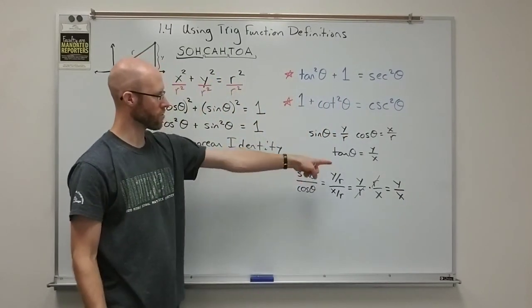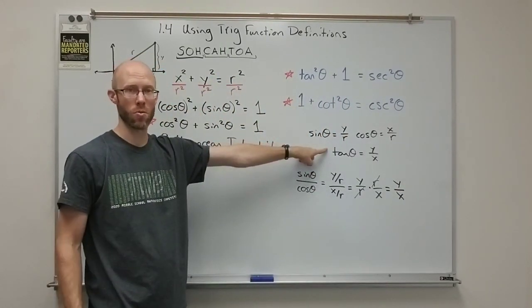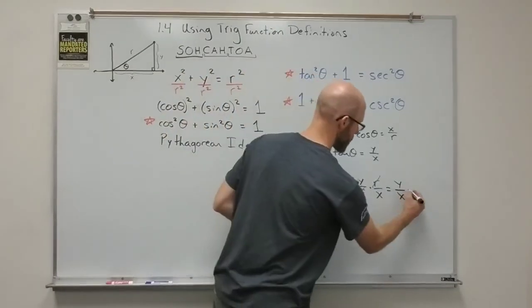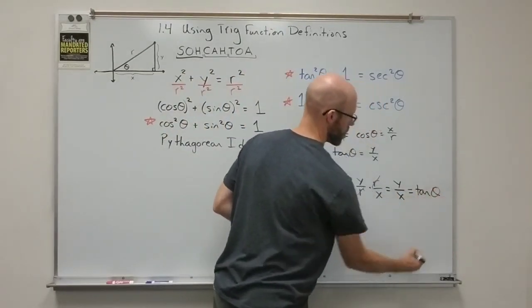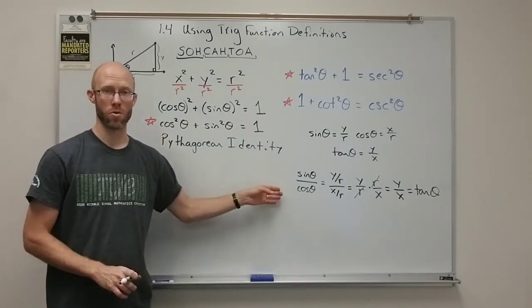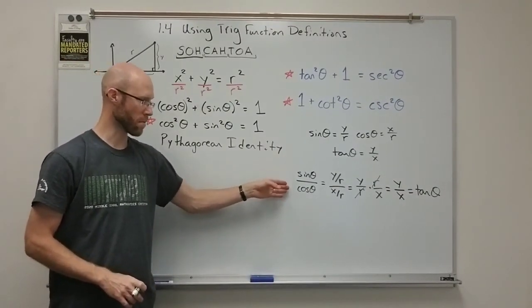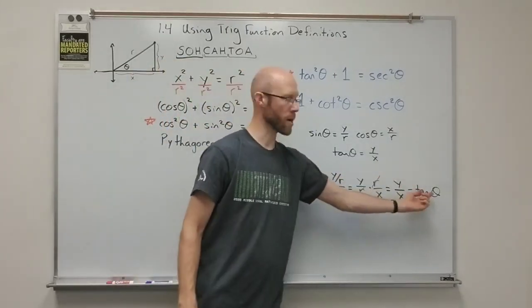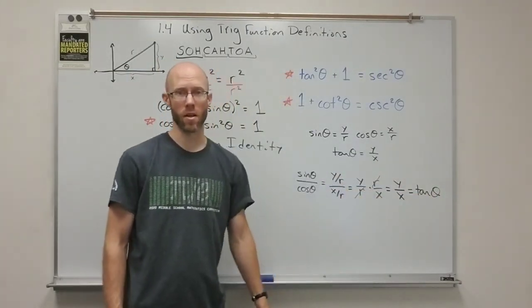Well, y over x, we know, is the tangent. So we found an expression that's exactly equal to the tangent of theta, namely sine over cosine. So anytime you're dividing the sine by the cosine, you can replace that with the tangent. It just simplifies things. Okay?